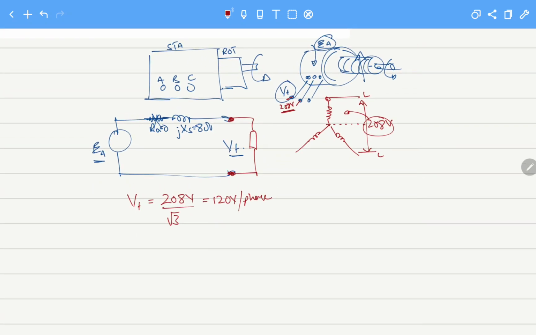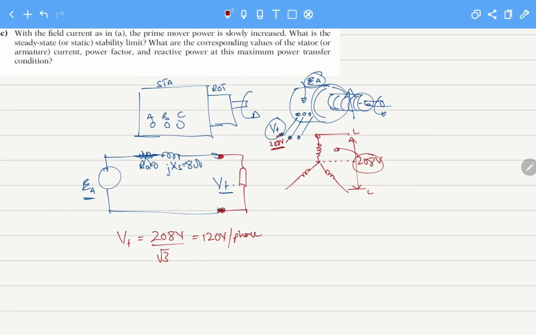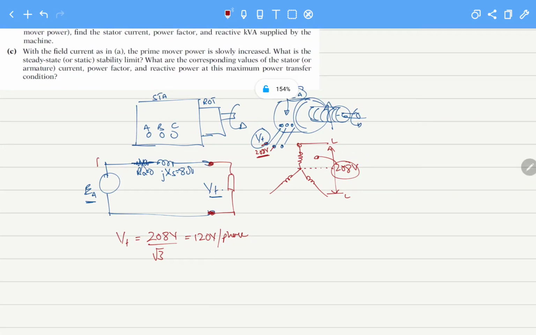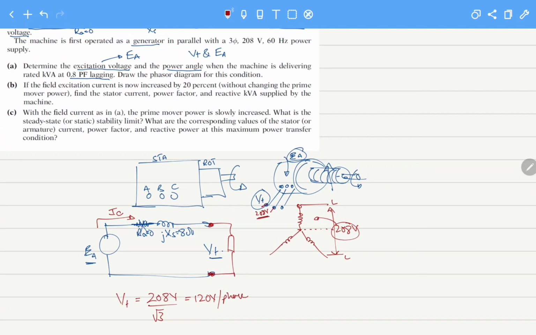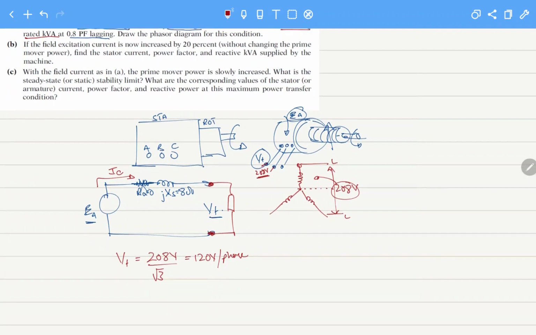Okay, now how to determine the stator current or the armature current for the machine. This can be found from the fact that the machine is delivering rated kVA.